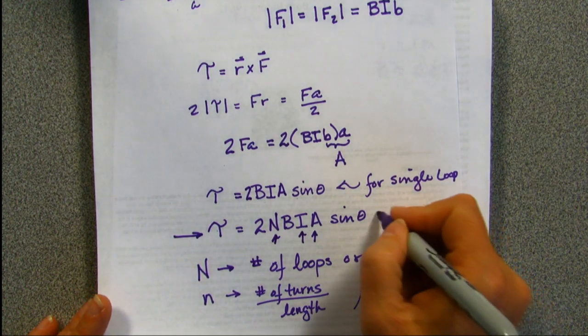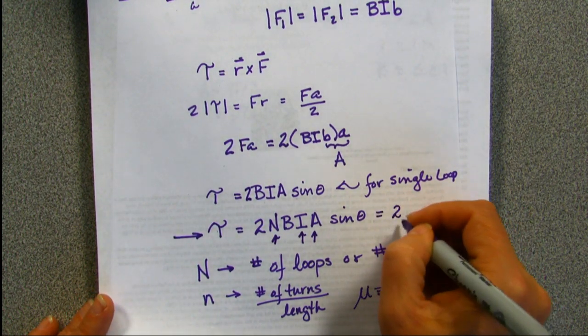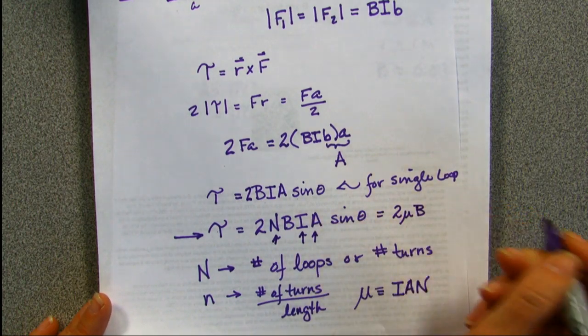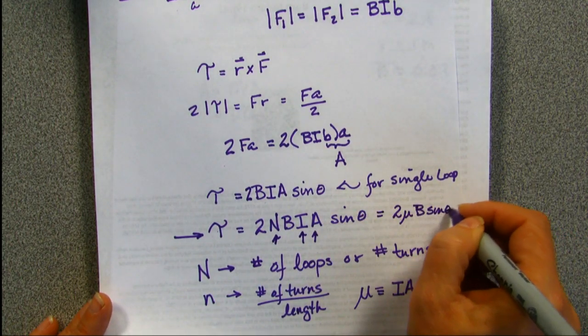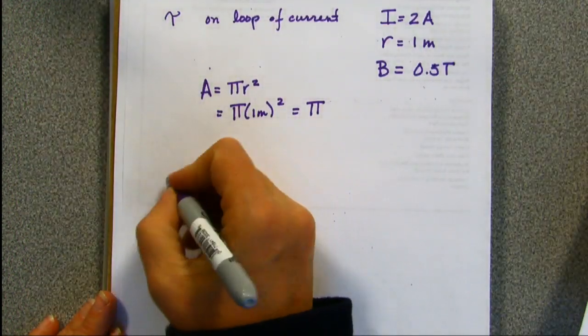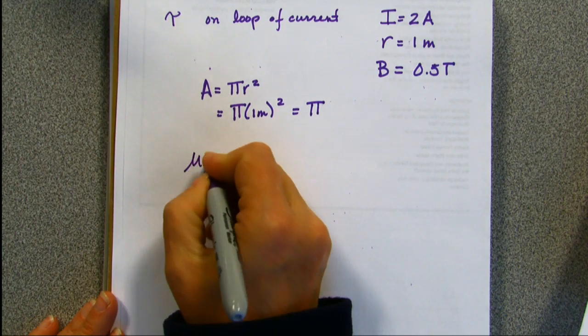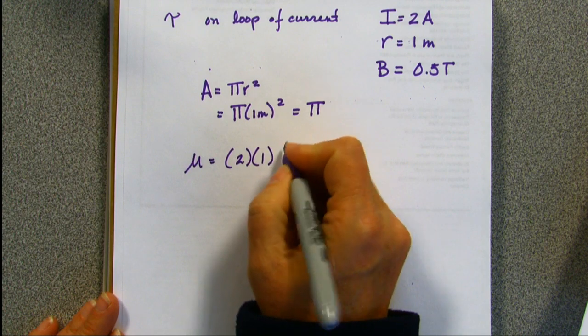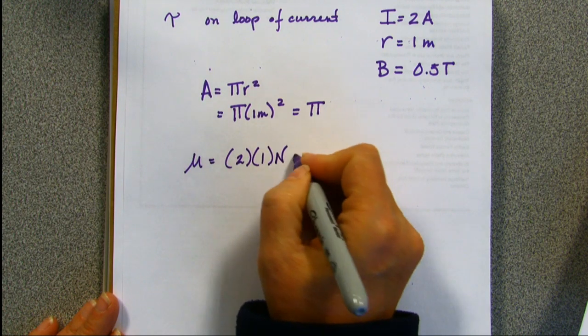So if I do that, this becomes mu B, whatever my magnetic field is, sine of my angle. If I put that in, I can calculate my magnetic moment, which is going to be my current, 2 amps, times 1, the area, pi, and the number of turns, which is 1.